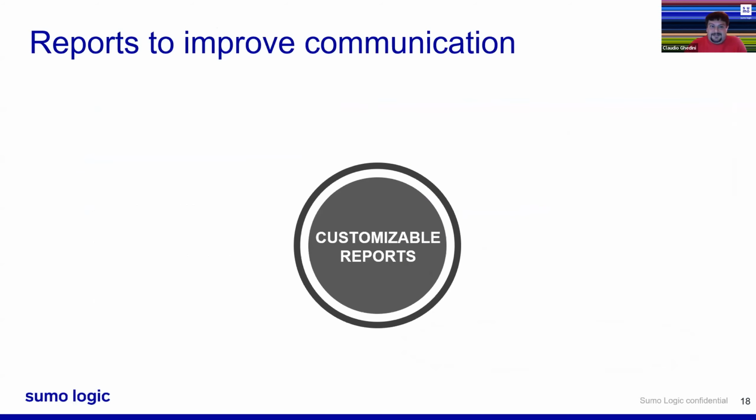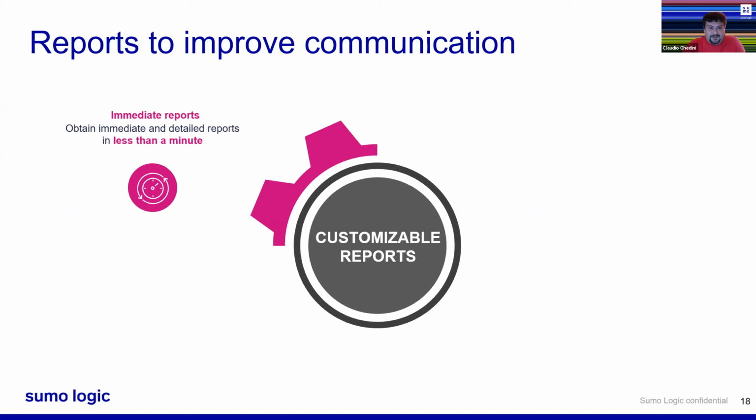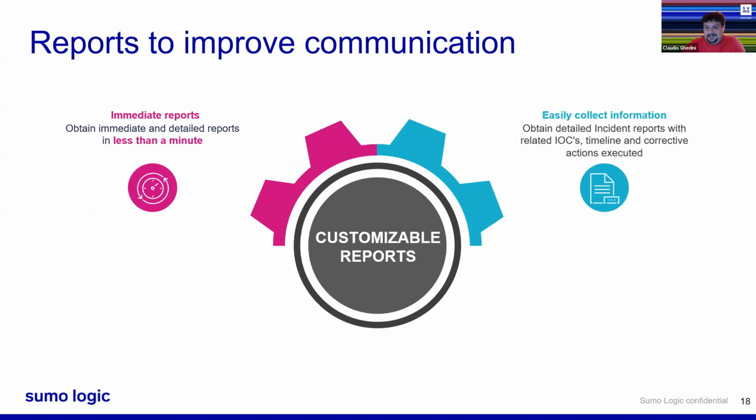So reports are very helpful to improve communication. You can obtain detailed and quick reports in less than a minute. You can easily collect the information inside the report for the incident with all the actions and the IOCs that are involved.